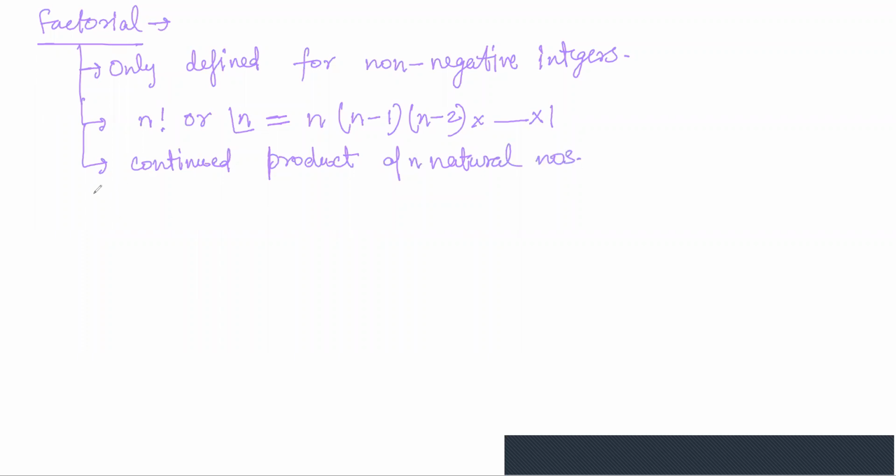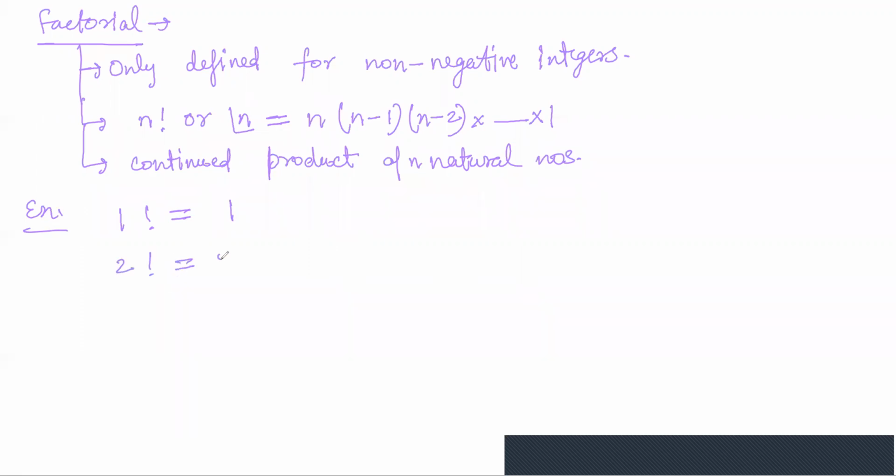Now understand what factorial is. For example, I want to calculate 3 factorial. So 3 factorial means the product of all the natural numbers from 3 to 1. Let's start with 1 factorial only. So 1 factorial is nothing but only 1.